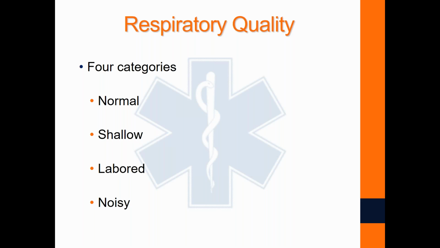If somebody's barely moving their chest wall at all, and we don't see that good movement of their chest when they breathe, we know that almost all of that gas is staying in what we call the dead space. None of it is getting down to the alveoli, and if it doesn't get to the alveoli, it's not available for diffusion. We don't have that gas moving from high concentration to low concentration, and we wind up downstream with hypoxia.